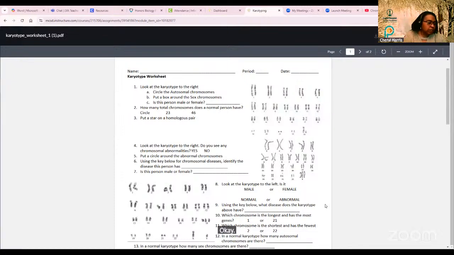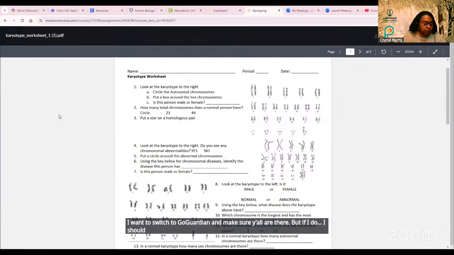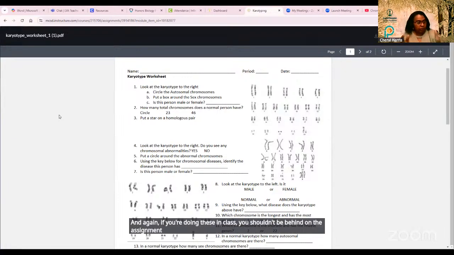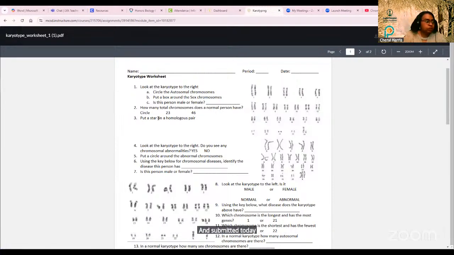I'm not seeing any no's, so I don't want to switch to GoGuardian and make sure y'all are there. But if I do, I should see everybody with a worksheet pulled up. And again, if you're doing these in class, you shouldn't be behind on the assignment because this one should be finished today and submitted today. So it shouldn't be late.